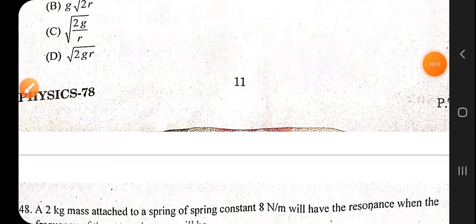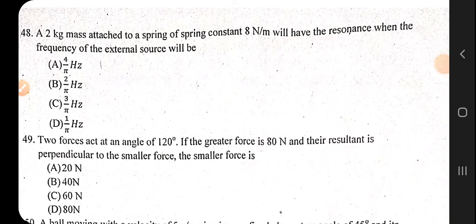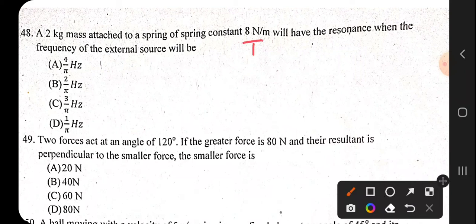Now come to the next question, question number 48. A 2 kg mass is attached to a spring of spring constant 8 Newton per meter. It will have resonance when the frequency of the external source will be dash. Given is k, the force constant, and m, the mass of the object.